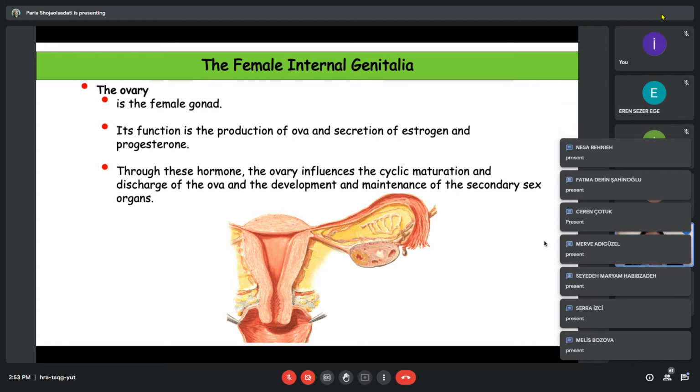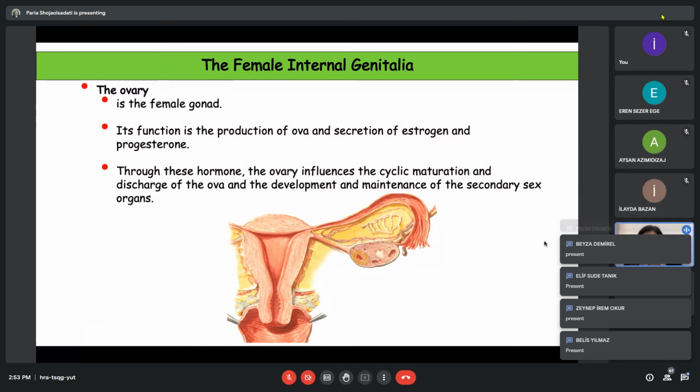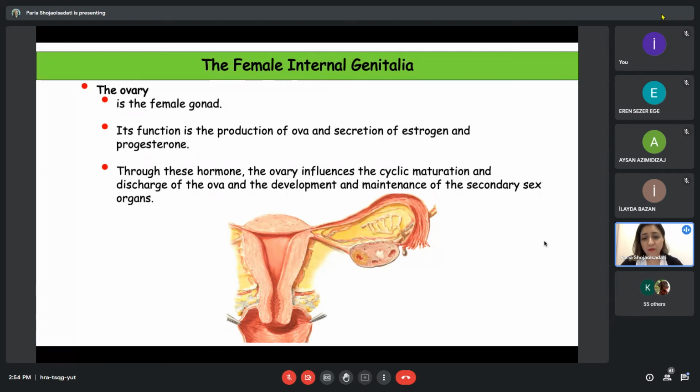It has different functions, for example, production of the ovum or oocyte and secretion of different hormones, such as estrogen and progesterone. Through these hormones, the ovary influences the cyclic maturation and discharge of the ovum and the development and maintenance of the secondary sex organs in females.